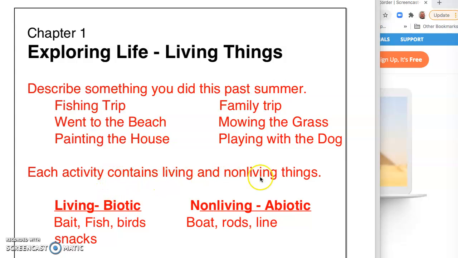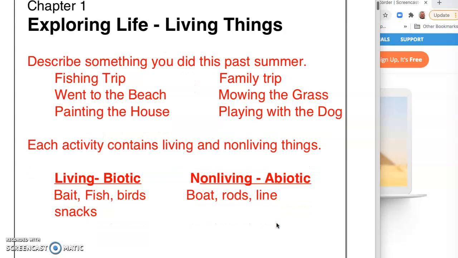Each of those activities also contains non-living things. If I went fishing, I took my boat, I used my fishing rods, I used my fishing line. I breathe the air. So we want to take a look at what it is that makes something living.